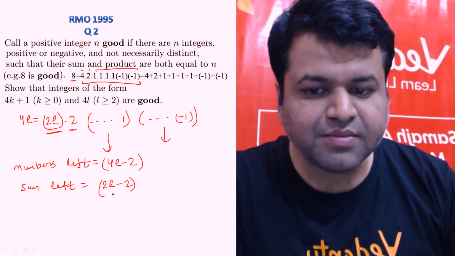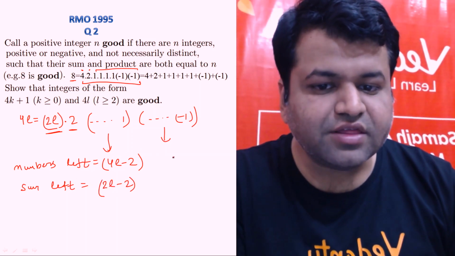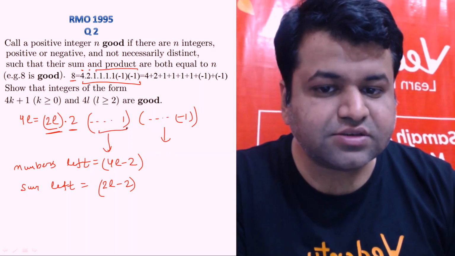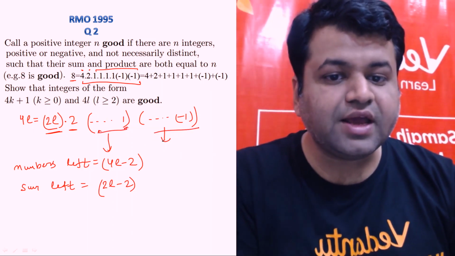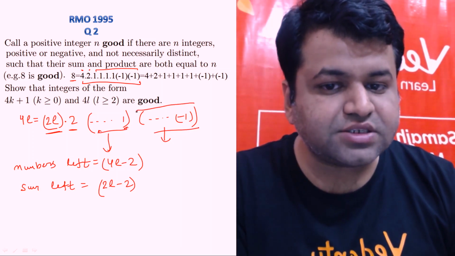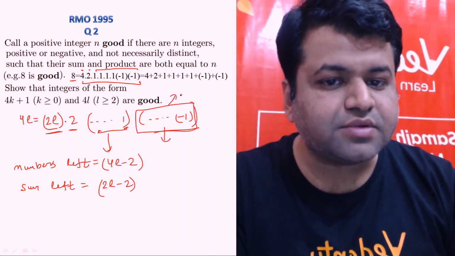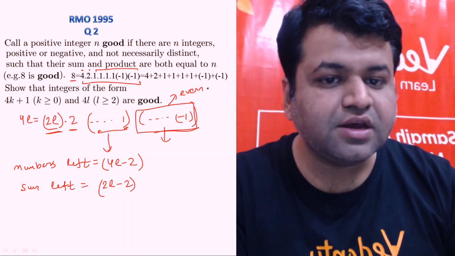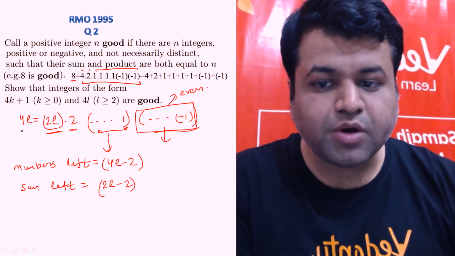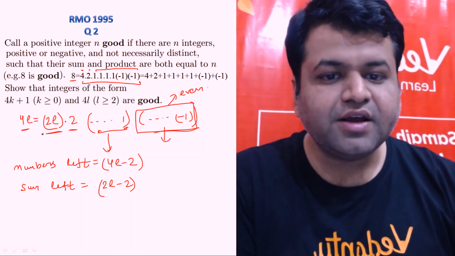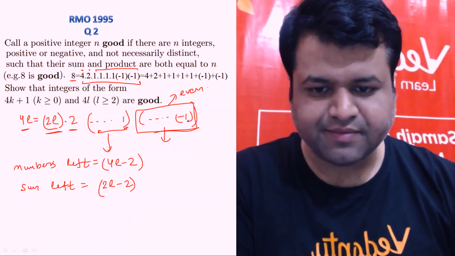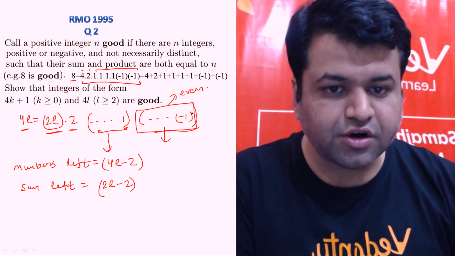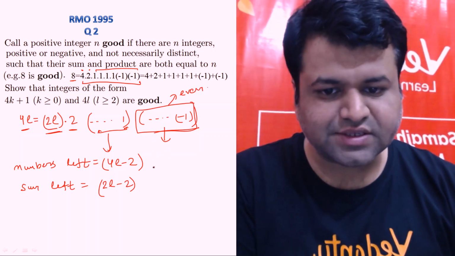This is the sum remaining, and the numbers left will be filled by either 1s or minus 1s. We also need to take care that the count of minus 1s should be even. The reason is that only then the product will be positive and equal to 4l. If it is odd, the product will be minus 4l. So we also need to take good care of the minus ones.